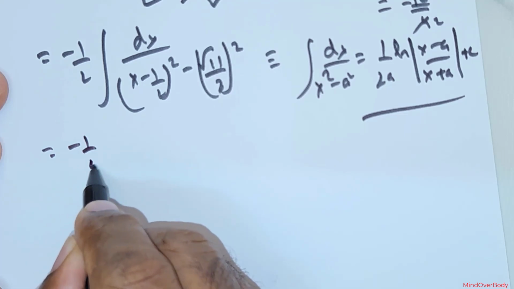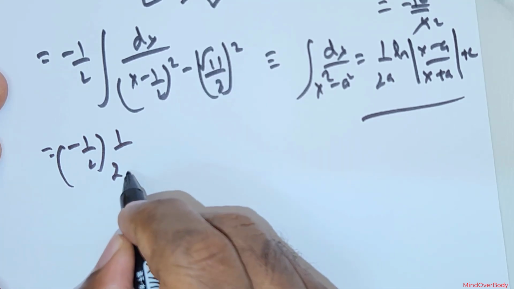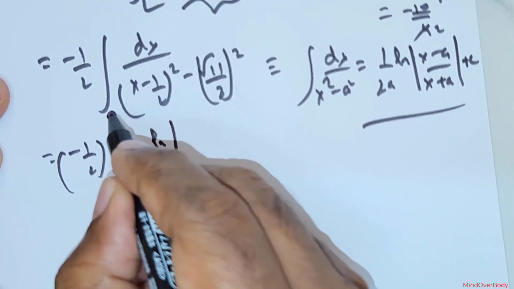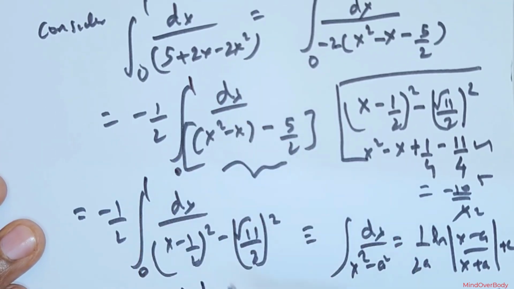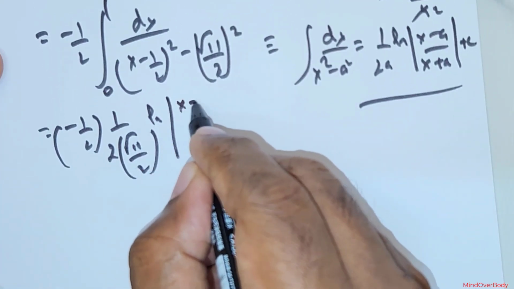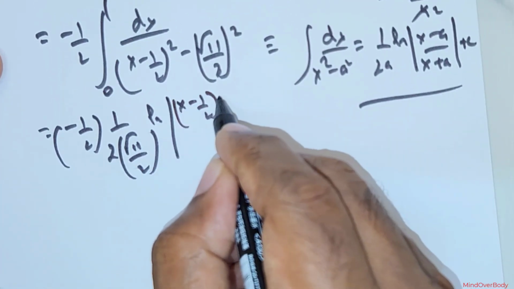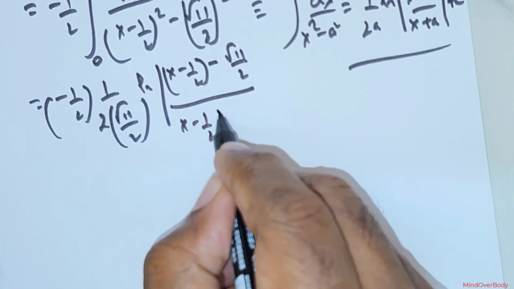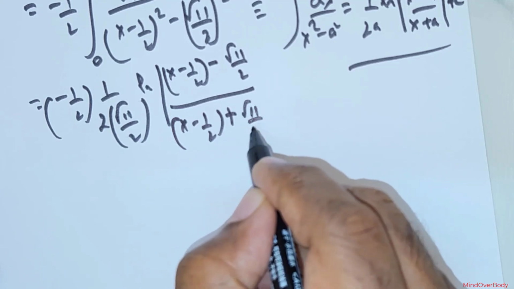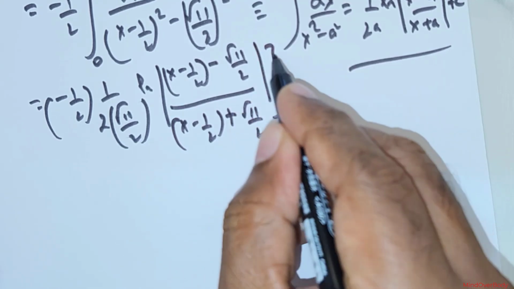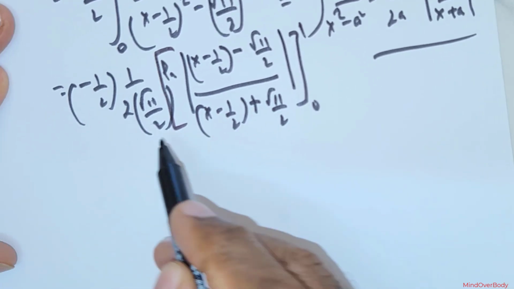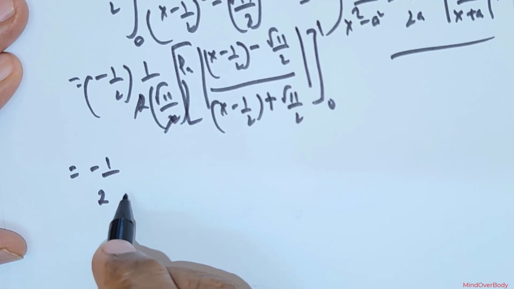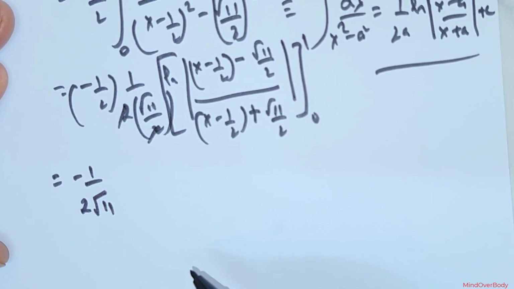So this is going to be -1/2 times 1 over 2 times my a, which is root of 11 over 2, ln modulus of (x - 1/2 - root 11 over 2) divided by (x - 1/2 + root 11 over 2), the limits are 0 to 1. Now 2 gets cancelled, you got -1/2 times root of 11.